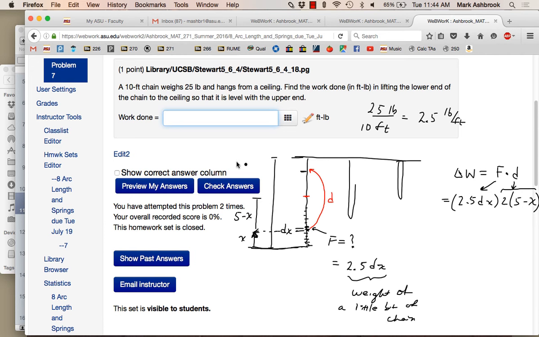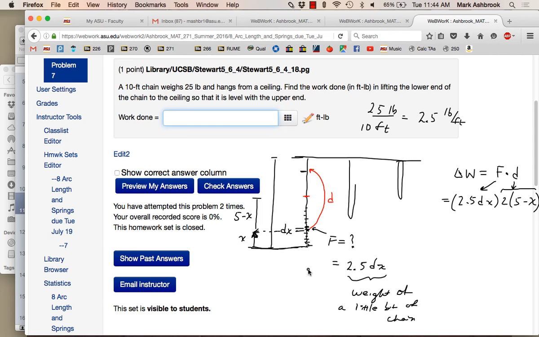Yeah. So how far is it from our little bit of chain to the halfway point? Just 5. No, from our little bit of chain to the halfway point. Oh, that's what you did, 5 minus x. Yeah, because x is the distance up from the bottom to the chain in question. So then the distance to the halfway point is 5 minus x, and if it's going to reflect over that halfway point, it's going to go twice that distance.